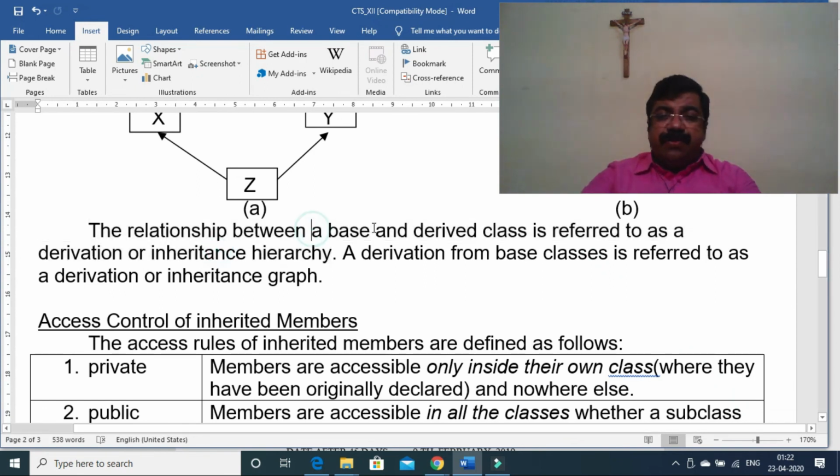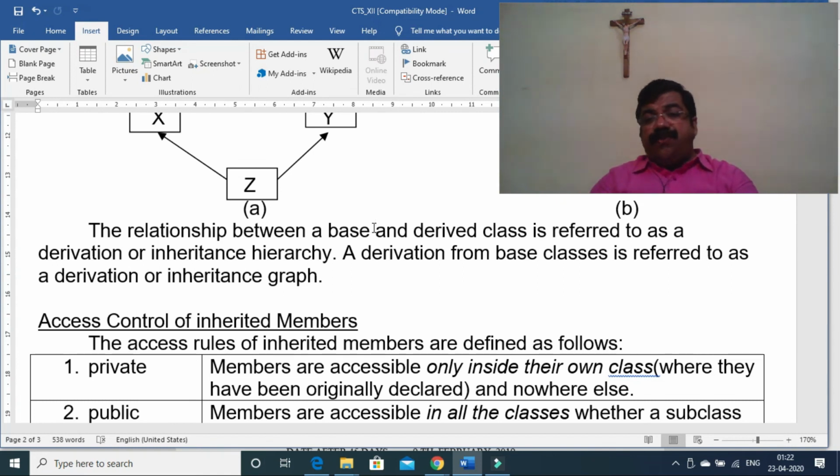The relationship between a base and a derived class is referred to as derivation or inheritance hierarchy. A derivation from base class is referred to as a derivation or inheritance graph.